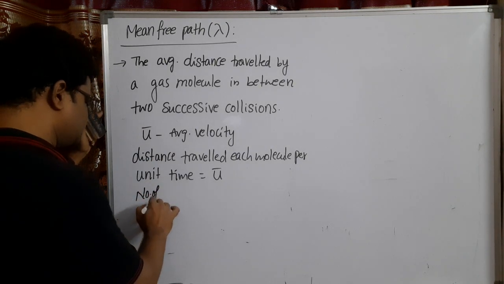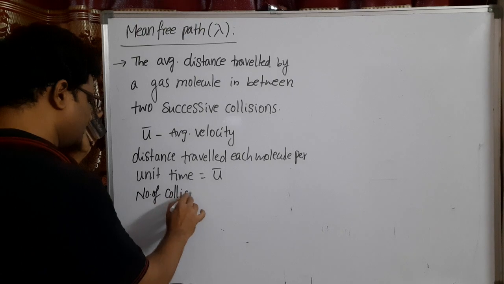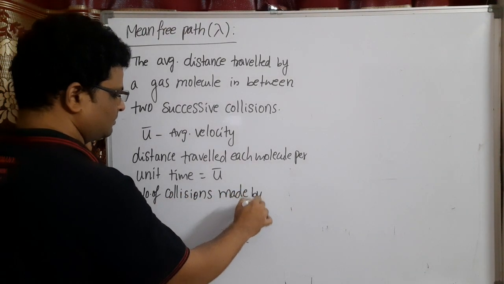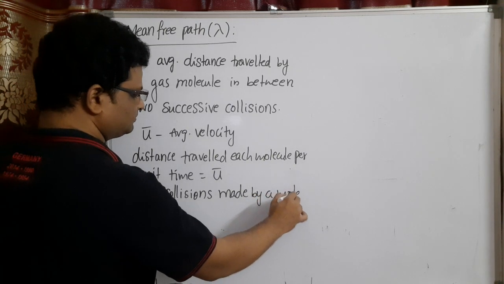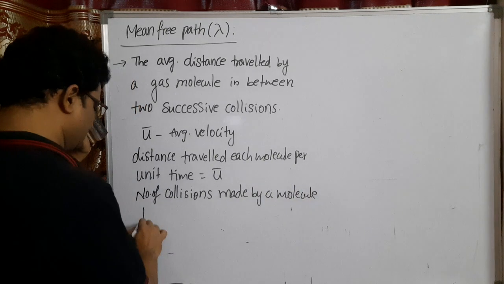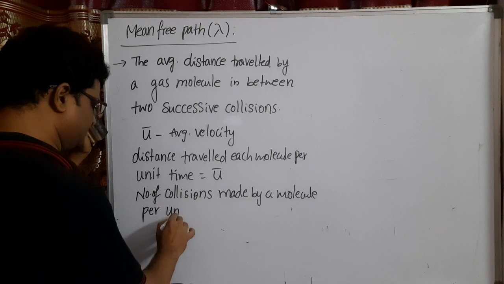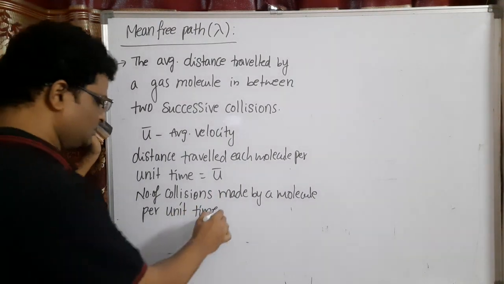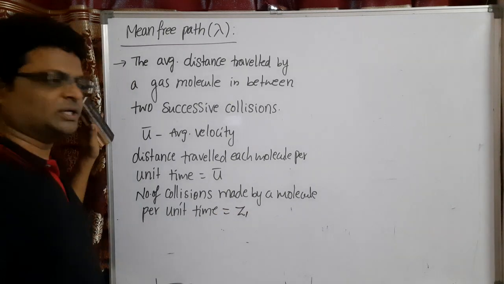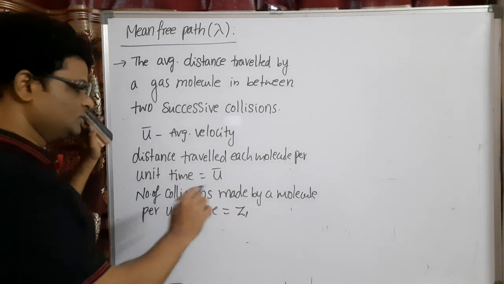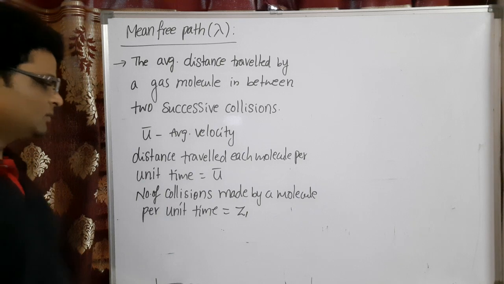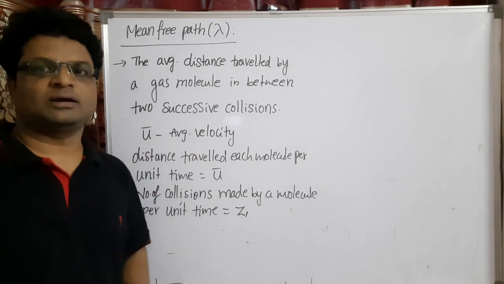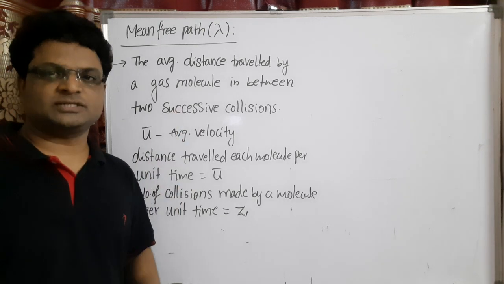The number of collisions made by a molecule per unit time is nothing but the collision number, which is equal to Z1. So both are per unit time. Each molecule travels a distance of u bar and makes Z1 collisions per unit time.